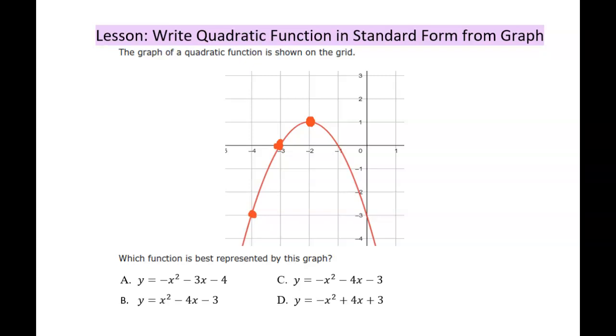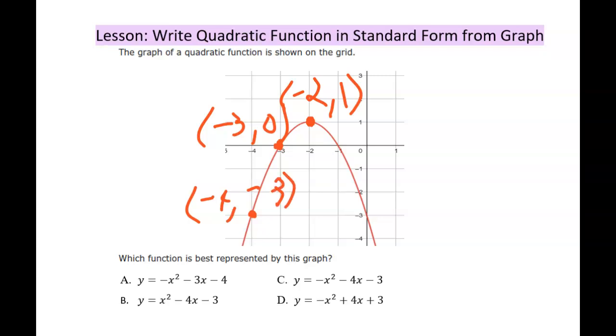So those were our 3 points. That's a 4, -4. So we're going to put all of these in decimals.